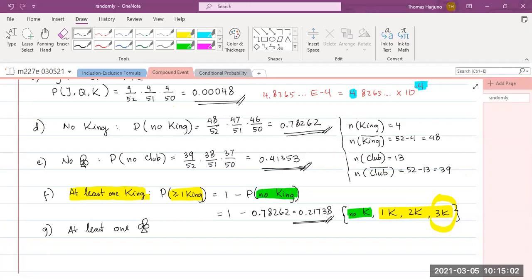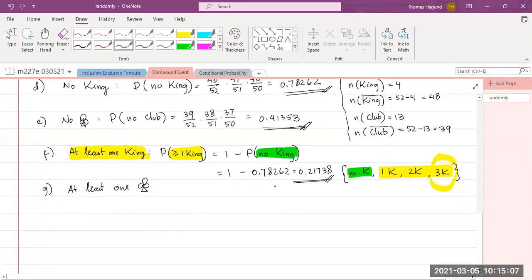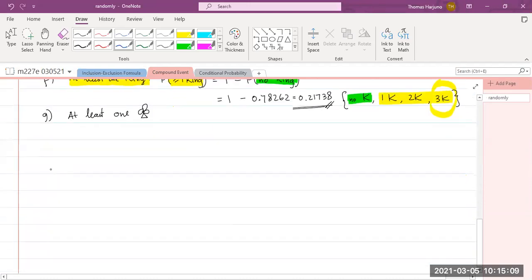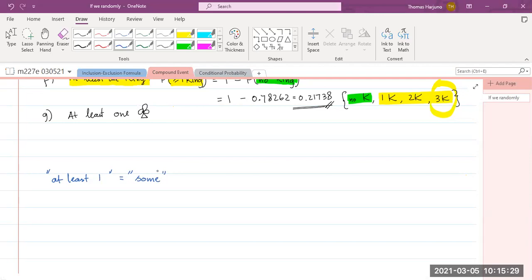The complement of at least 1, I mentioned this in my lecture, but let me mention that again here. The statement at least 1 is the same as the statement some. At least 1 also implies some. So when we say anybody in that room or some people in that room, it means at least 1 person in that room.